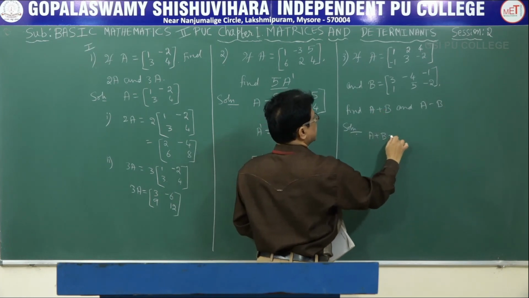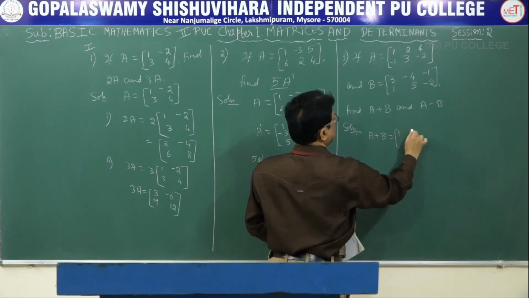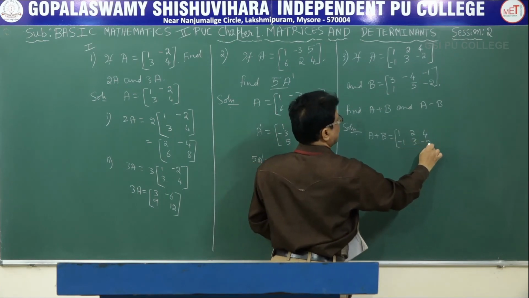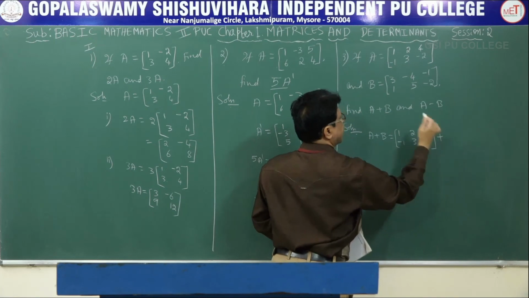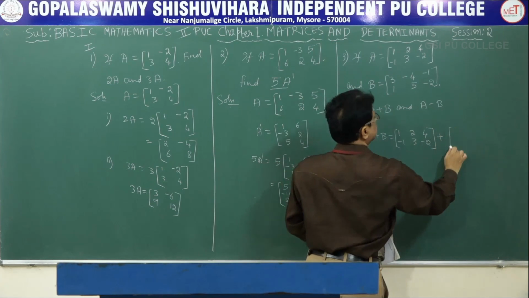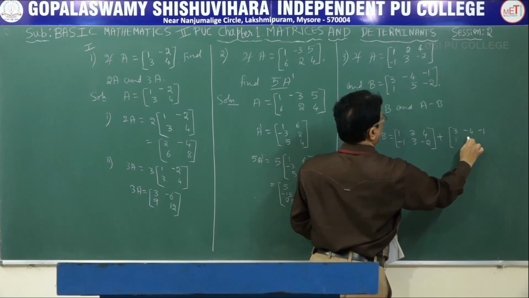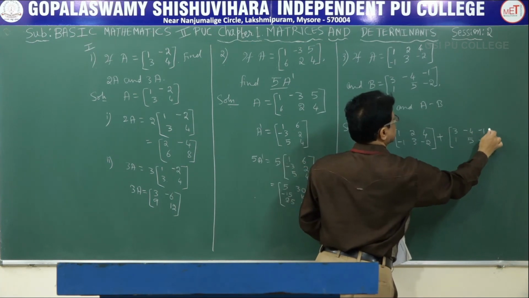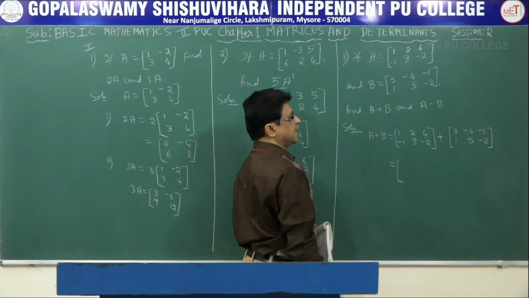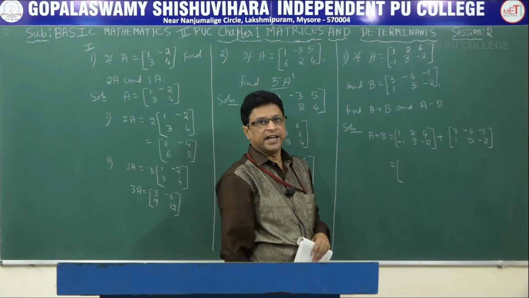So A plus B is equal to, instead of A we have to write the matrix A, that is 1, 2, 4, minus 1, 3, minus 2. Next we have to write plus. Next we have to write the matrix B. 3, minus 4, minus 1, 1, 5, minus 2. So that will be equal to, we have to add the corresponding elements. We have to add their corresponding elements.